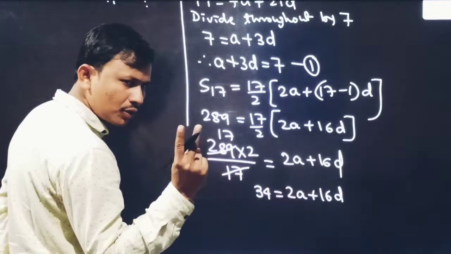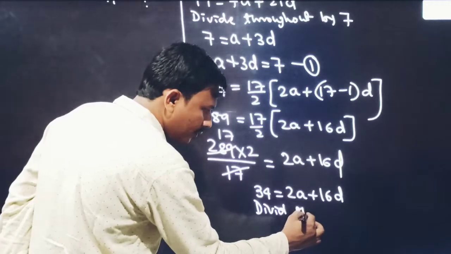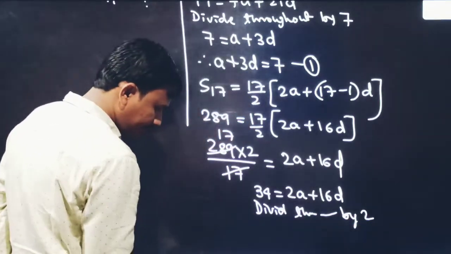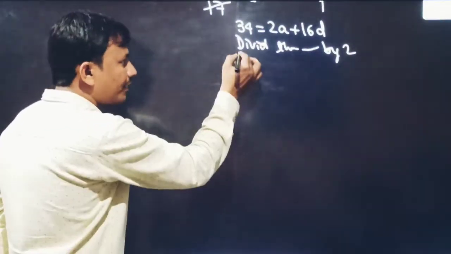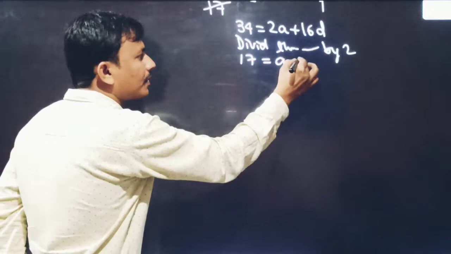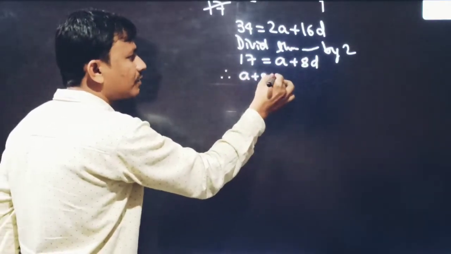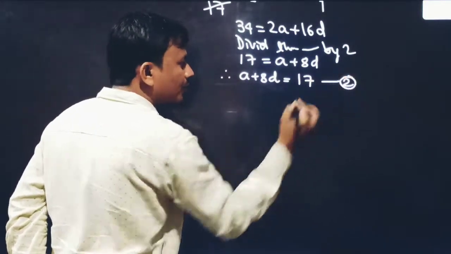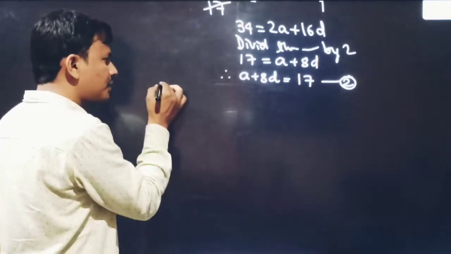Divide throughout by 2. What you get? 17 is equal to a plus 8d. Therefore, a plus 8d is equal to 17. Equation number 2.